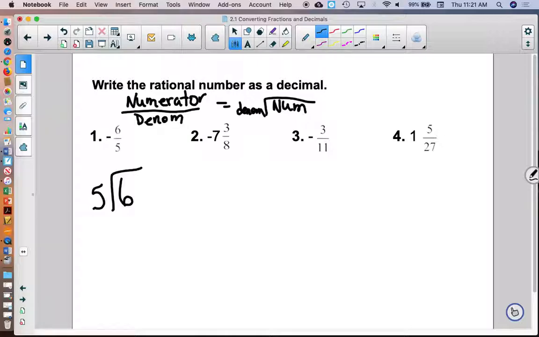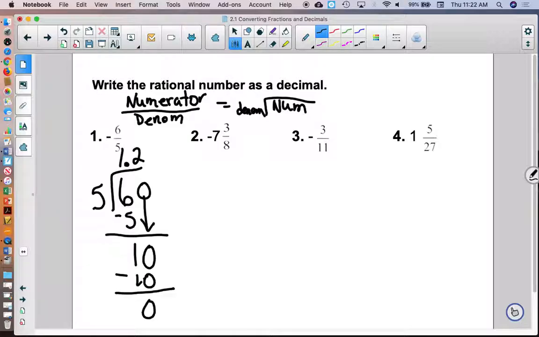Will 5 go into 6? Yeah. How many times? One. I do the subtraction, I got 1 left over, and I add a 0 and bring it down. Because I added the 0, I gotta put the decimal. Will 5 go into 10? Twice? Yep. Minus 10, I get 0.